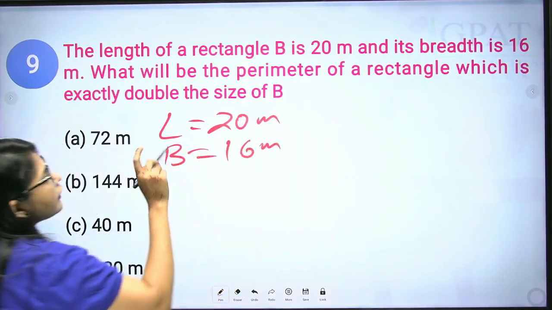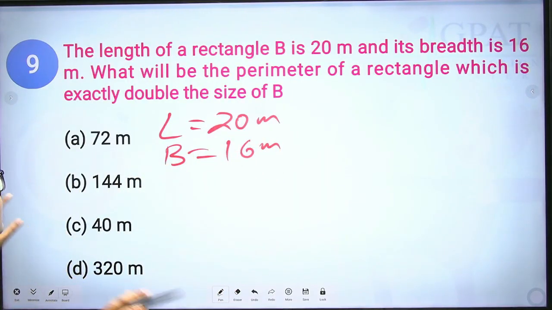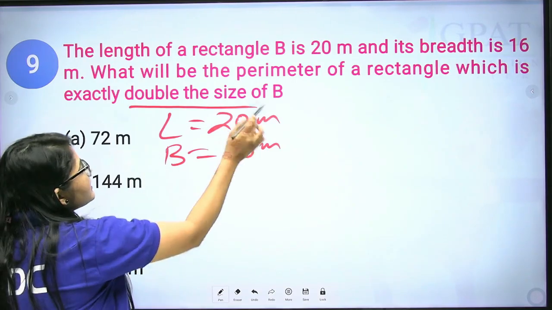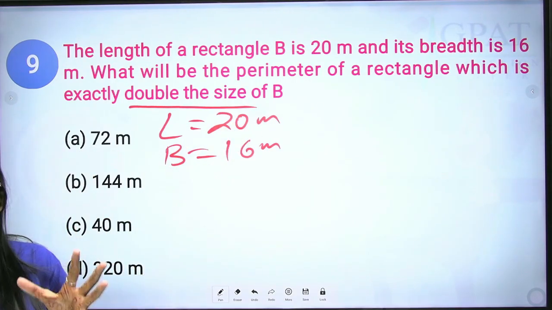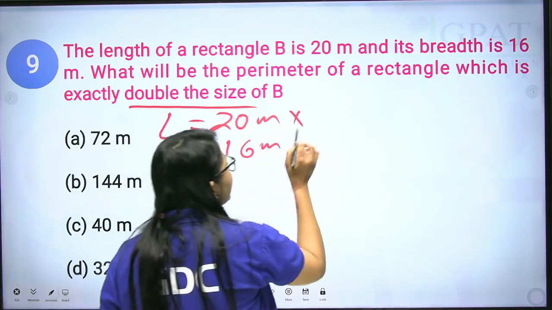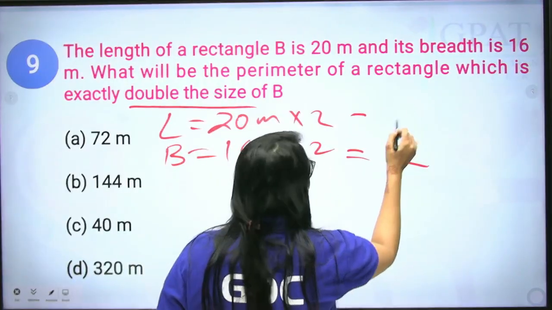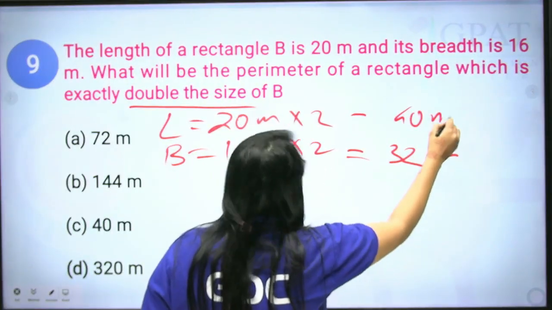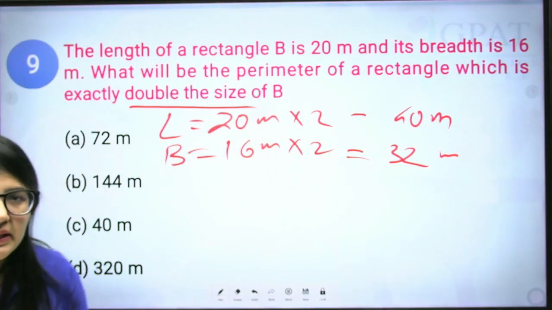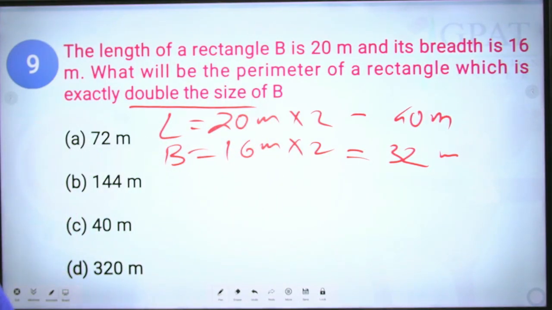We need to find the perimeter of a rectangle which is exactly double the size. If the size is double, then we need to multiply it by 2. Clear? So what will be the answer? That is 32 and 40 meters. So now our length will become 40 meters and our breadth will become 32 meters.